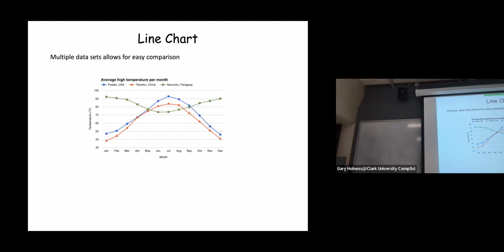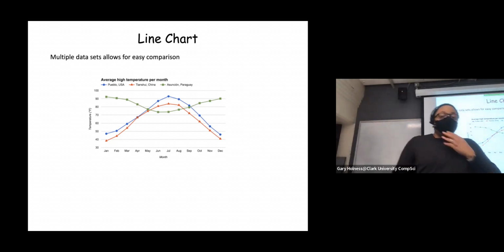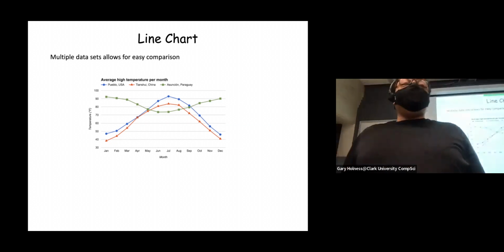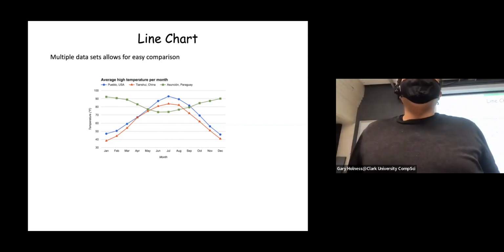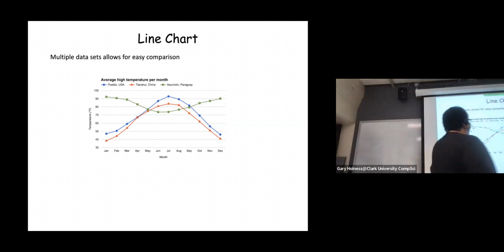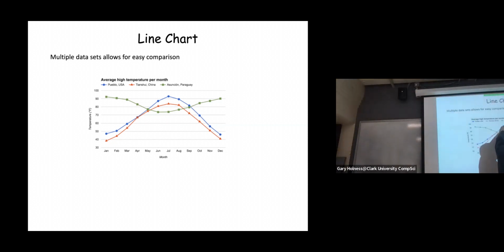The other thing that we notice is that the high temperature in Pueblo and Tianshui is the low temperature part of the season in Asuncion. Now, that probably means that they're in different hemispheres, because in the southern hemisphere, our summer in the northern hemisphere is their winter, right? And so certain crops will work together in Tianshui or Pueblo, but probably wouldn't work somewhere else.